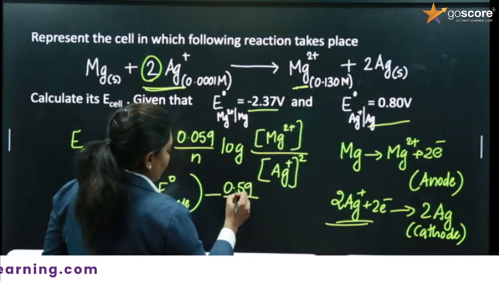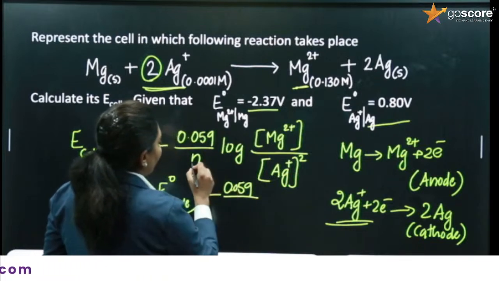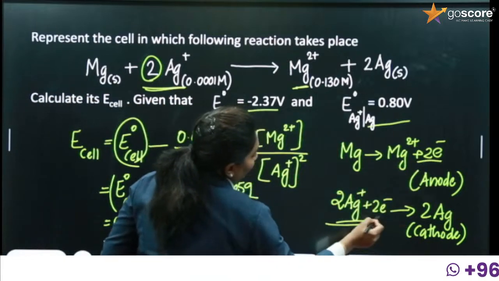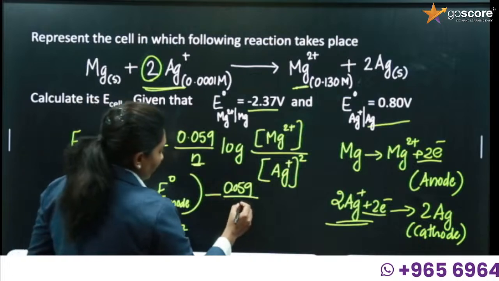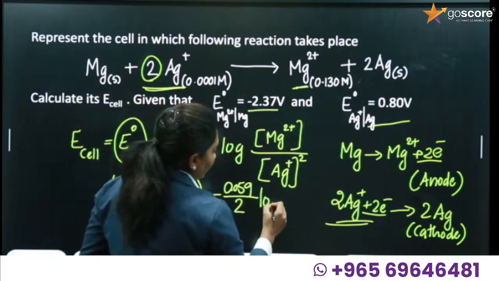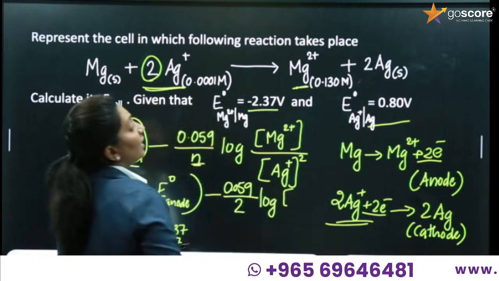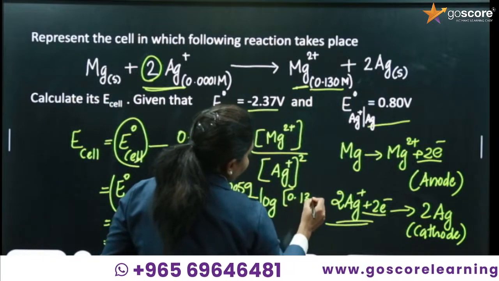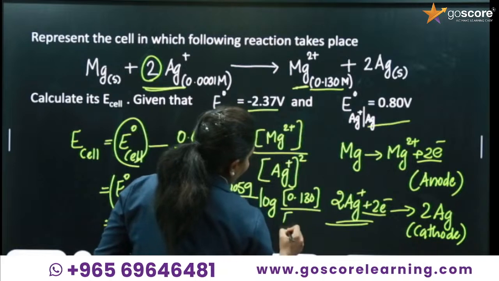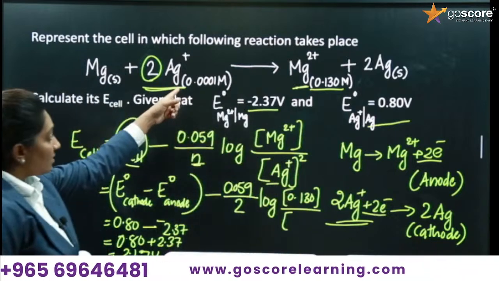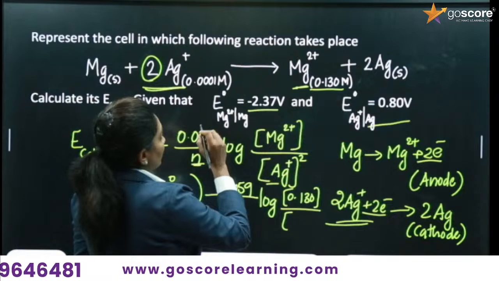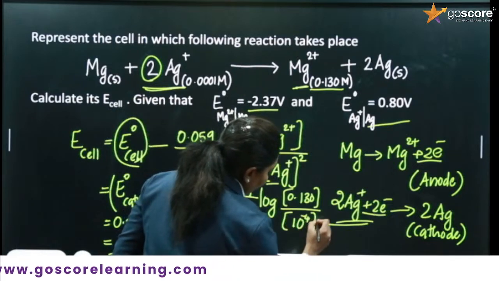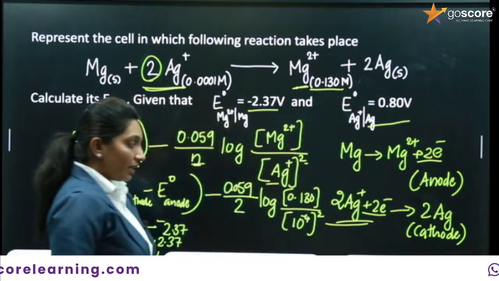Minus 0.059 divided by what is the number of electrons here? How many electrons are there? 2 electrons, right? So it will be 2 log, what is the concentration of Mg2+? It is 0.130, divided by the concentration of silver ions, 0.0001, that I can write as 10 to the power minus 4, raised to 2, right?